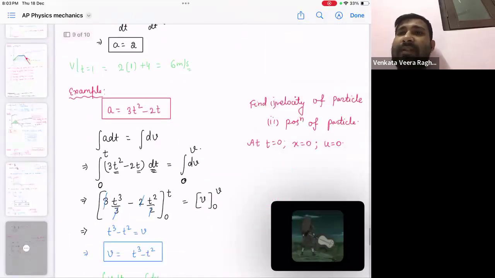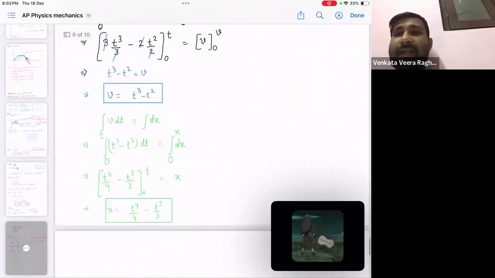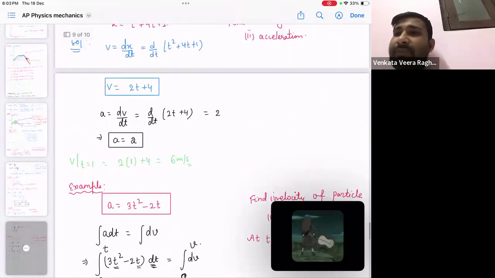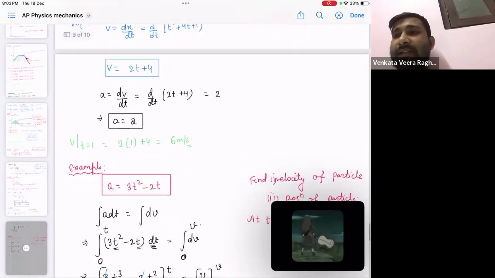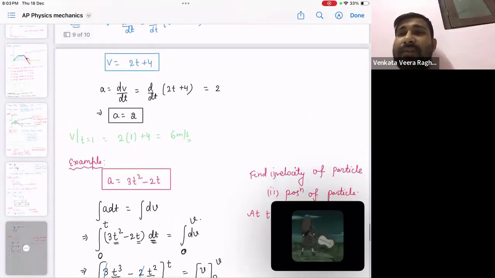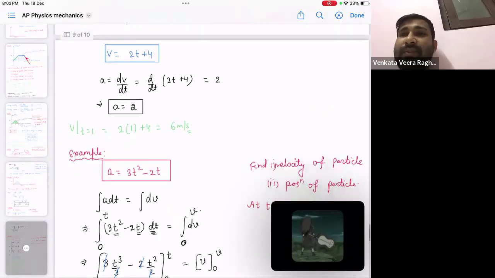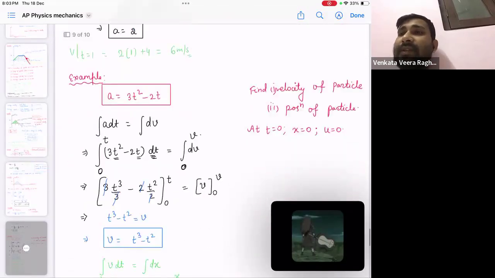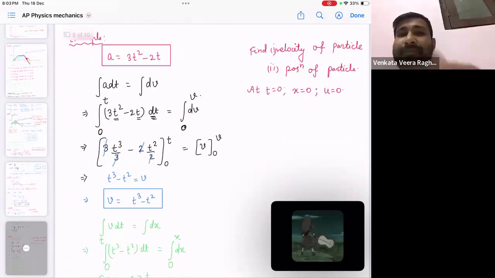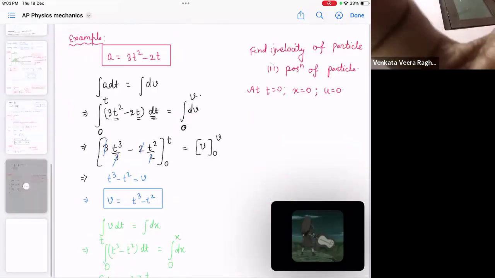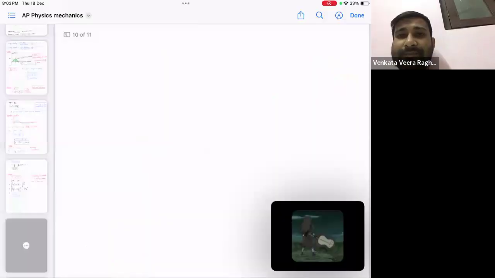And one question was for the integration method, the differentiation and integration method. Based on that, we discussed another question, about when we should use integration and when we should use differentiation. So now let's discuss the next part.